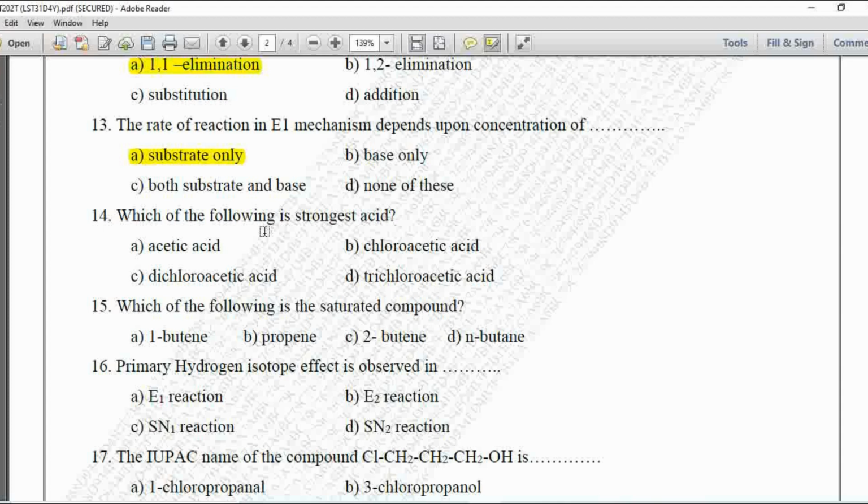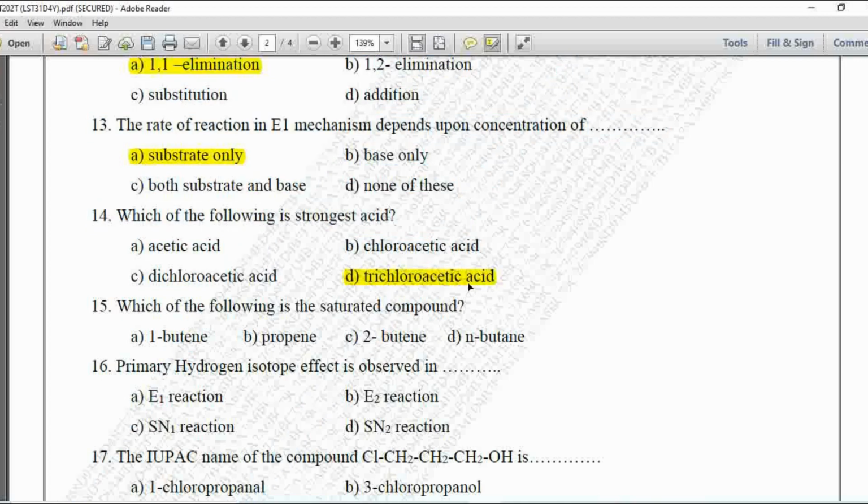From that question paper, the chloroacetic acid was the strongest acid among those examples. But here, plain acetic acid is given, chloroacetic acid is given, and with increasing chlorine groups, dichloroacetic acid and trichloroacetic acid are given. As you increase the chlorine groups in your acid, the acidity increases. So the strongest acid is trichloroacetic acid, which has 3 chlorine atoms.